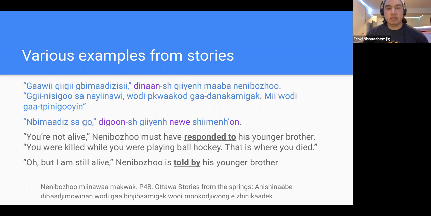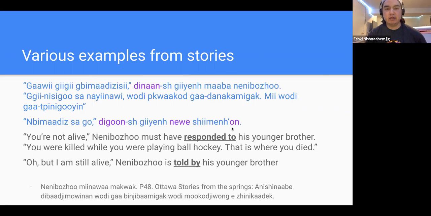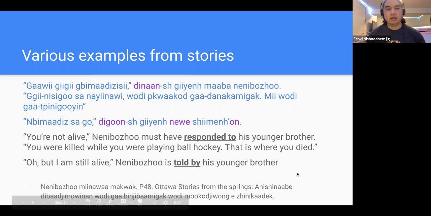So Degun Shkian Newe Shimayan. So they translated as Nanabojo was told by his younger brother. So you don't see Nanabojo's name in here, but that's how it's understood because of the Degun. Could have just said he is told by his younger brother.